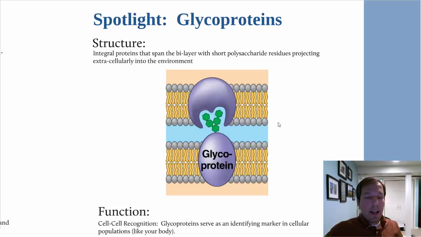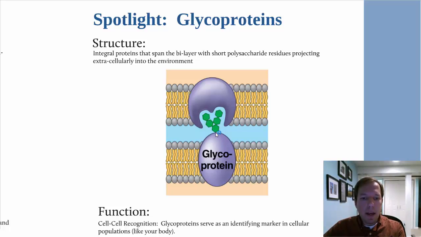A second one that I'm going to highlight are glycoproteins. Glycoproteins are integral membrane proteins, so they span the membrane, and they have carbohydrates in some branching pattern attached on the exterior side of the cell. The branching pattern is going to be unique depending upon the type of protein that it is.